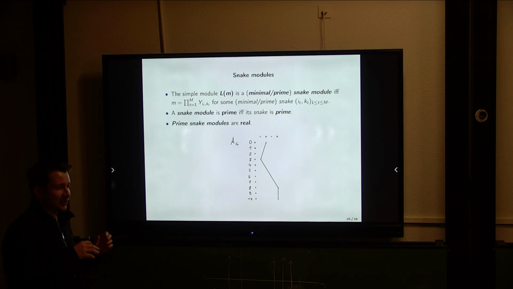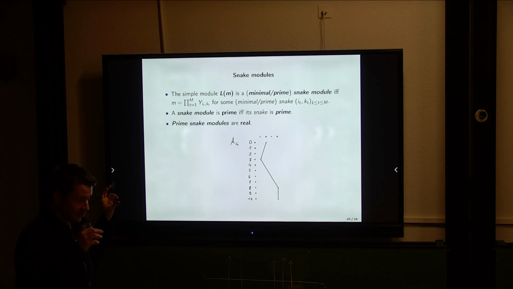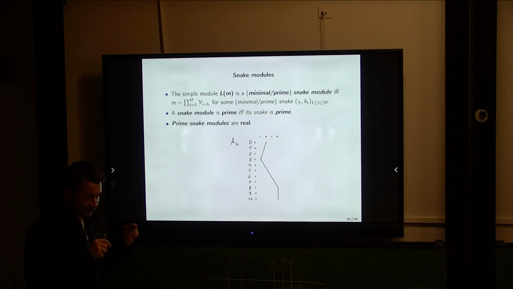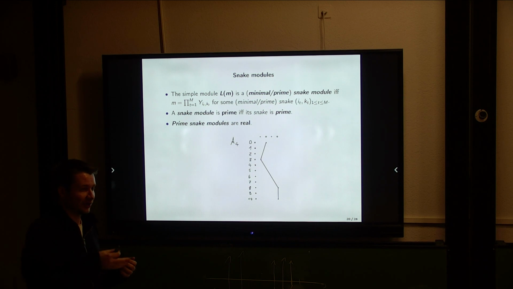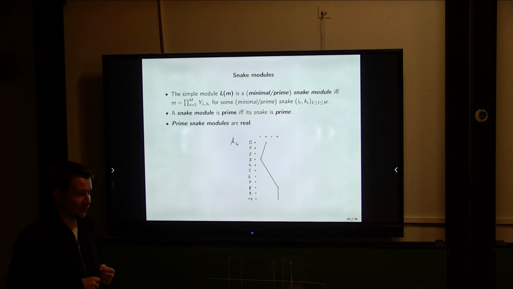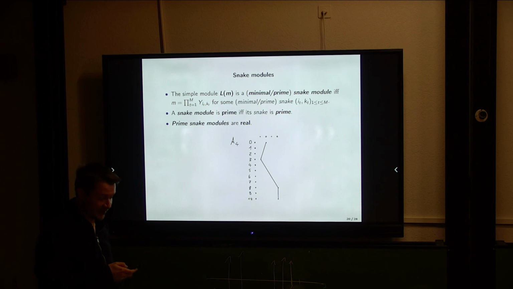Prime means that, as I said, they are irreducible modules, and a prime irreducible module is a module that you cannot write as a tensor product of 2 other irreducibles. And the real module is a module whose tensor product with itself is irreducible. Okay? And somehow these snake modules can generate all the other irreducible modules in the whole category using, as I said, the automorphism tau_a. Okay?